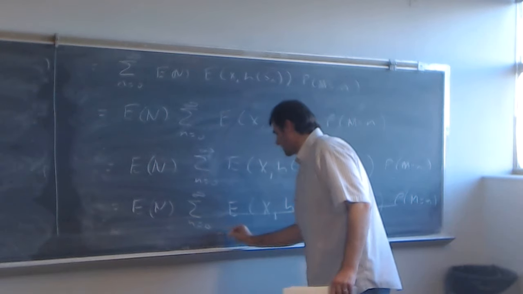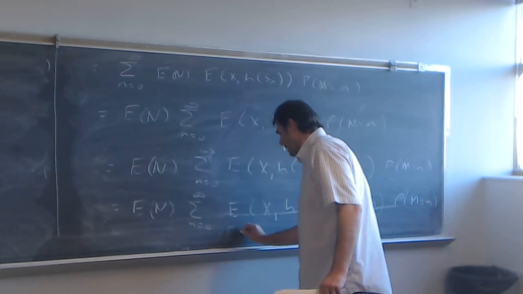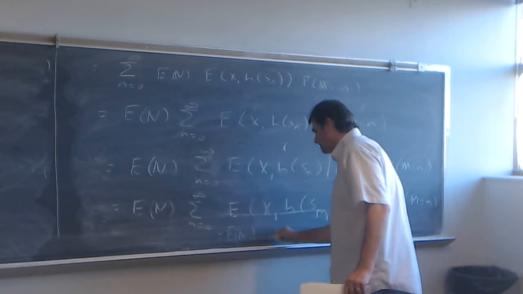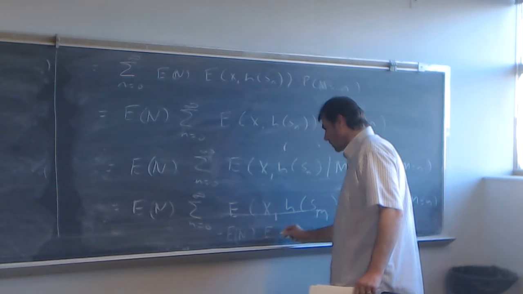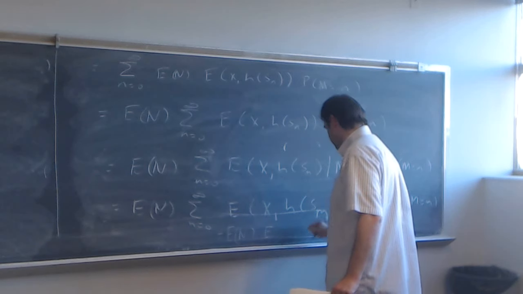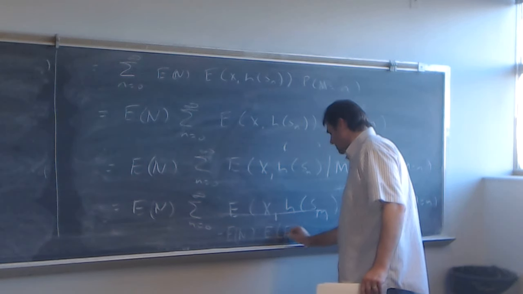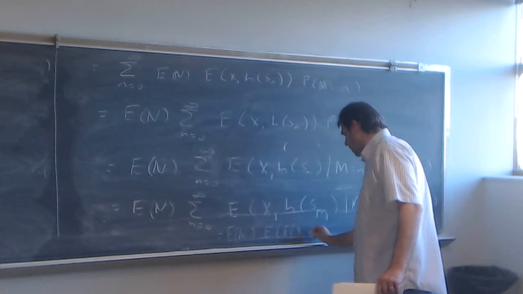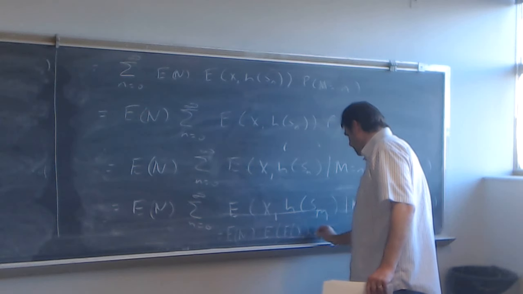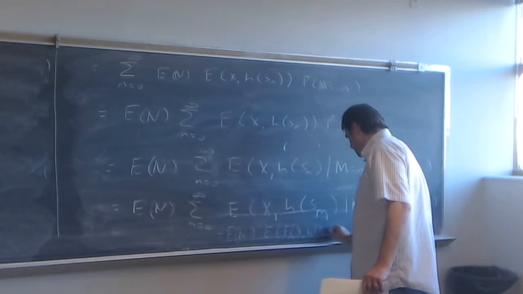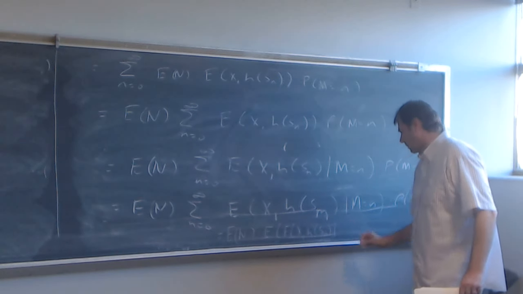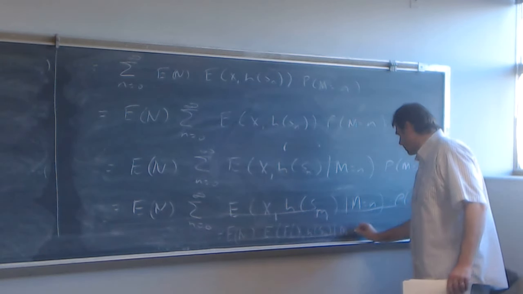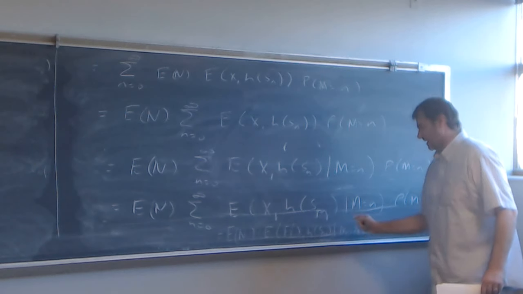That's equal to the expected value of N. This is a conditional expected value, so it's the expected value of X1 h of S of M given M equals n.